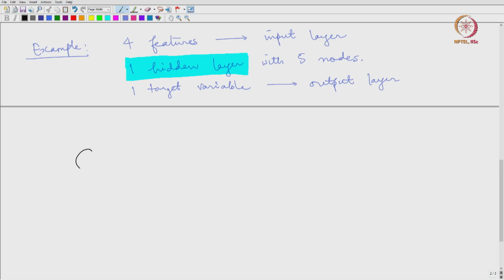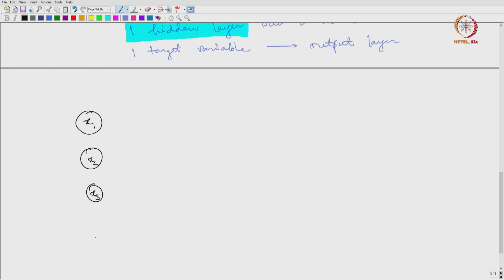So in the input layer, let us consider 4 different features: x1, x2, x3 and x4, and these are getting combined through weights and biases to form the nodes in the hidden layer, and we will name them here as z1 2, z2 2. So the superscript indicates the layer number.